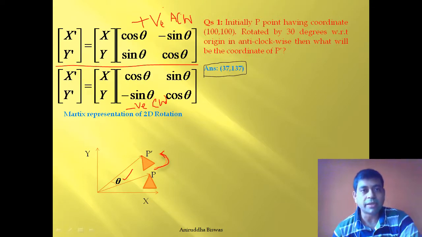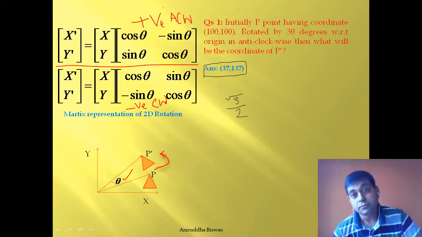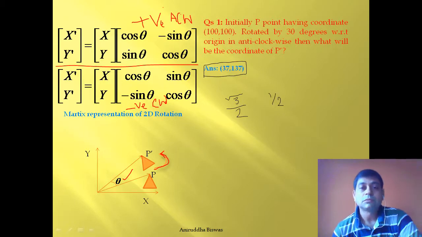So what is the value of cos 30? Cos 30 is something like √3/2. And what is the value of sin 30? That is 1/2. Okay, that is 1/2. And then again sin 30, so this is negative. Then again sin 30 is half, and again cos 30 is √3/2.